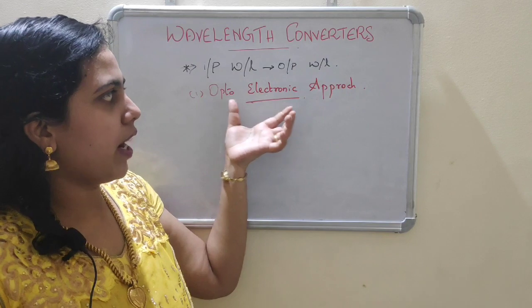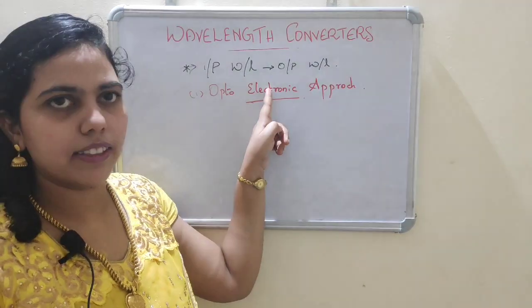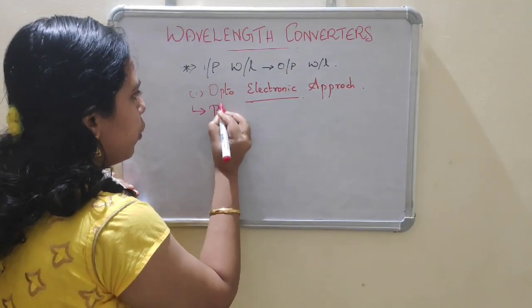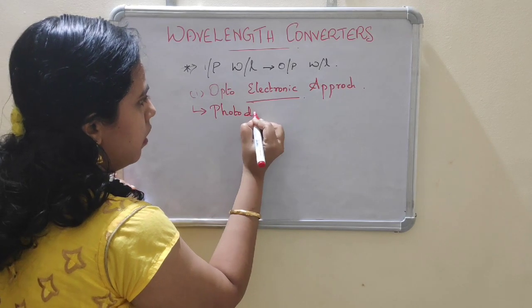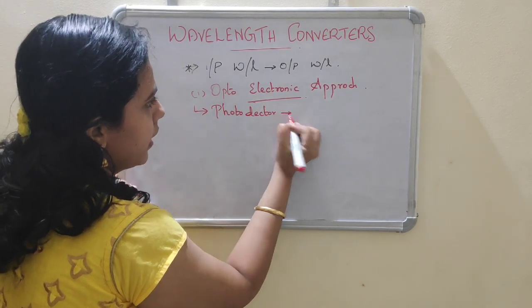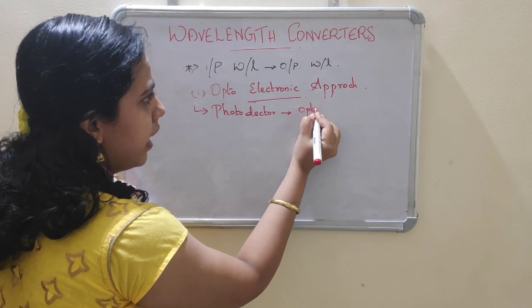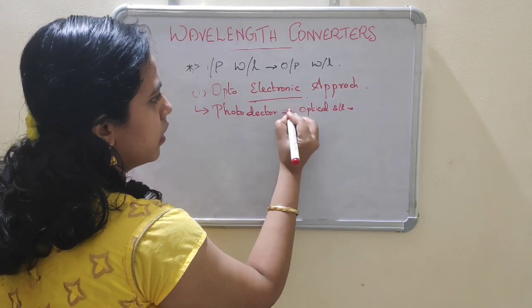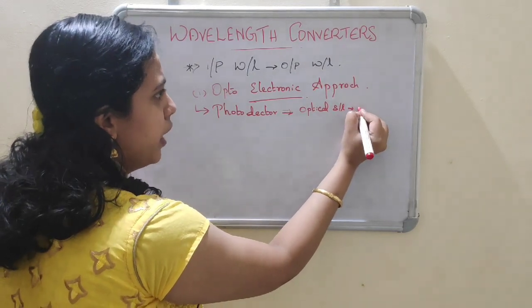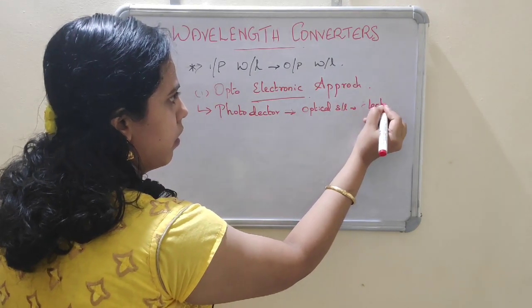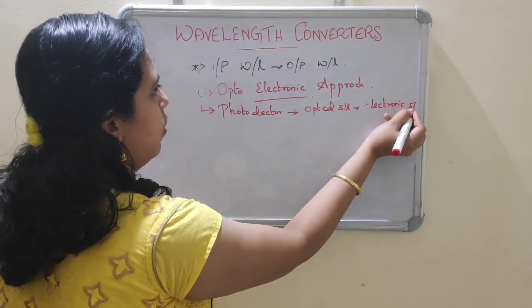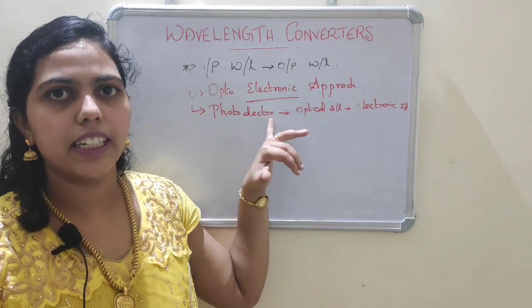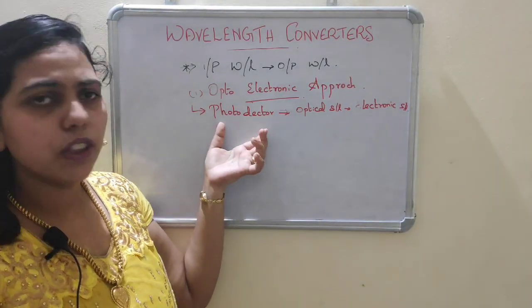That device is known as a photodetector. A photodetector is a device that converts an optical signal to an electronic signal.